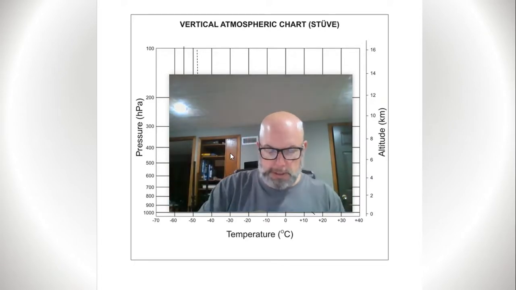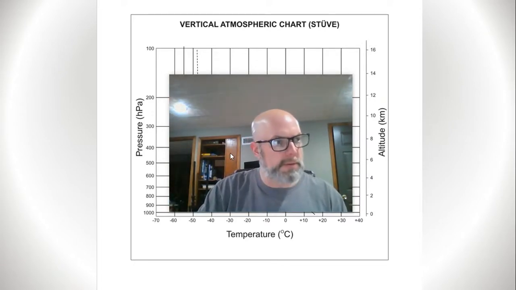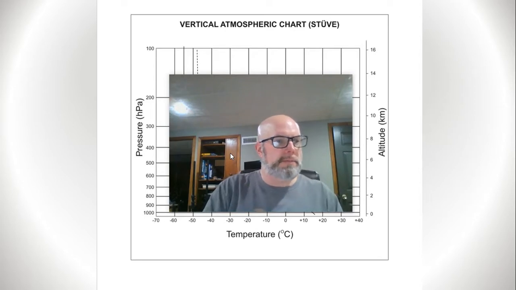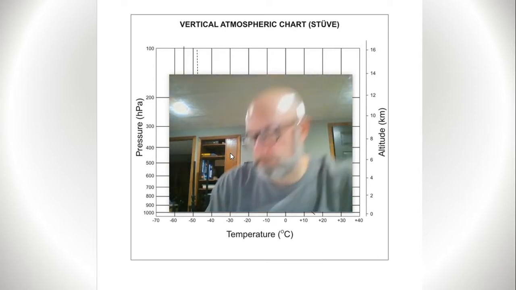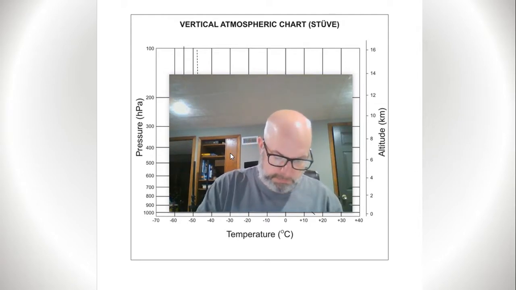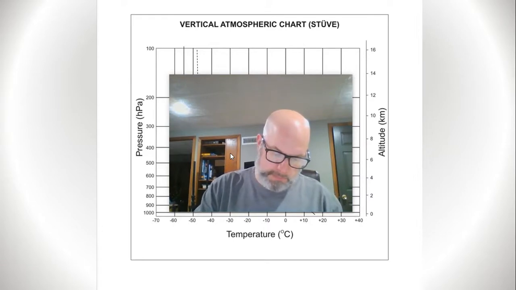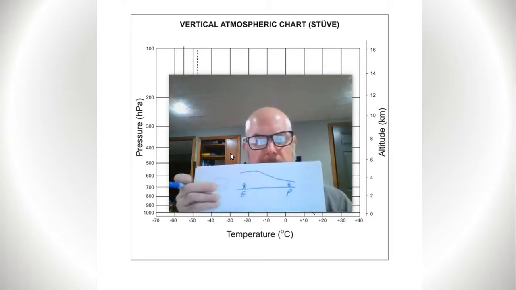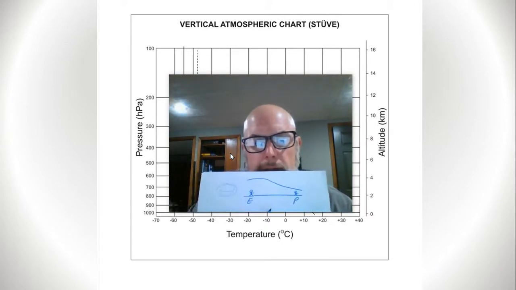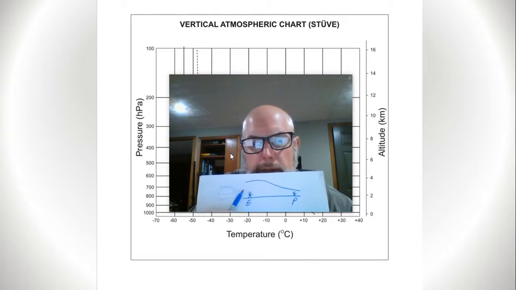So if we want to make another drawing, let's see if I can do a better one here. So it's the same kind of idea. There's you standing at the equator, nice thick atmosphere, and then here's you standing at the pole, thin. So the atmosphere wants to balance out.